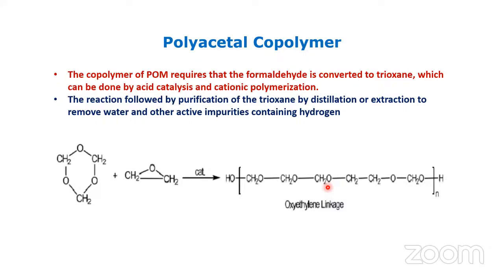So here we have a structure in which oxygen is present after each carbon. Suppose 10 carbons are present in the polymeric chain, then 10 oxygens are present with them, correct?